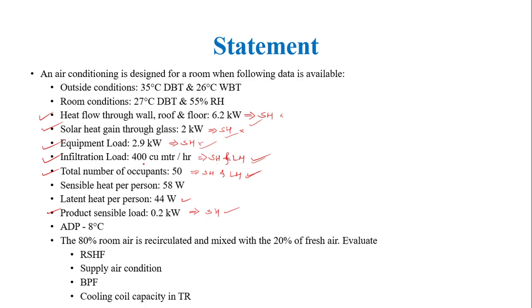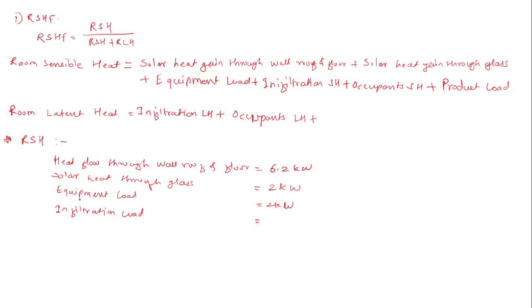We are supposed to go to the psychrometric chart, but before going to the infiltration load, first we will see the total sensible heat due to occupants. We can write the infiltration at the last, fine. So I am just erasing this first. I will first write down the occupant sensible load, that we can calculate directly.